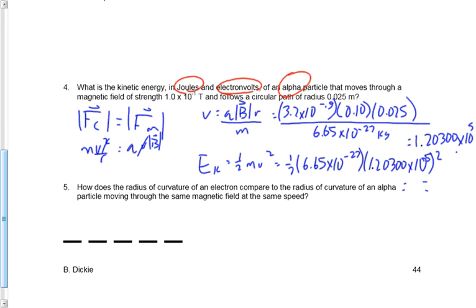And what do we get for the kinetic energy there? I assume it's what I had on my answer sheet there, Jack. Okay, so there's my answer in joules.